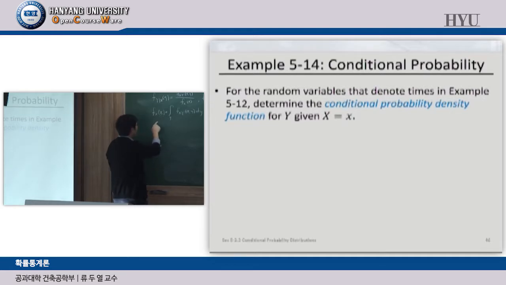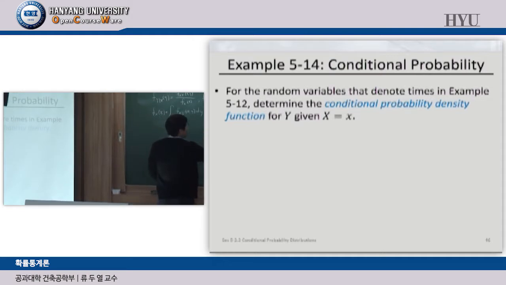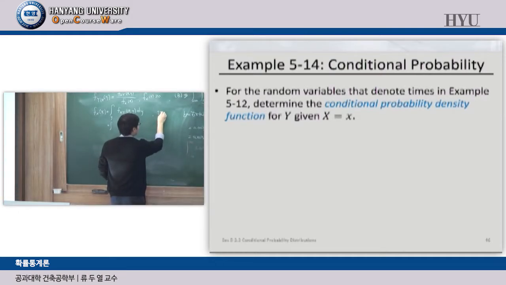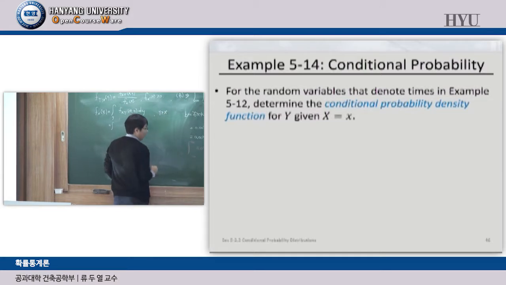In the previous slide, we have already learned about this at the beginning of this class. So, this can be written as: in the previous example 5-12, x should be larger than 0, and y should be larger than x.